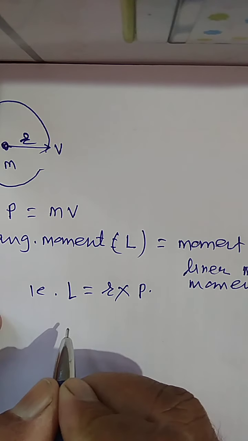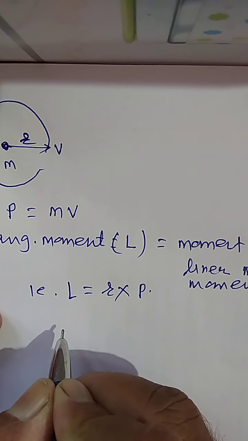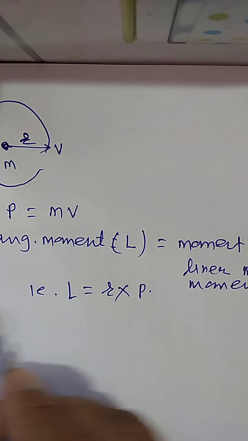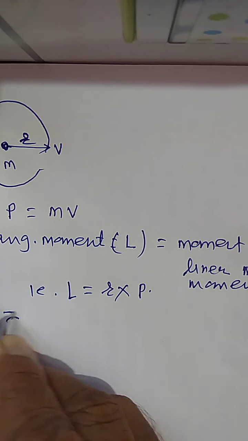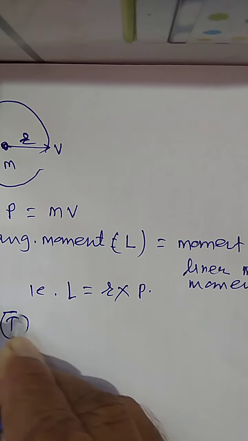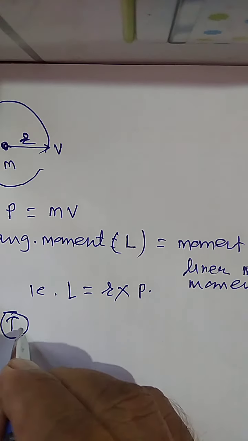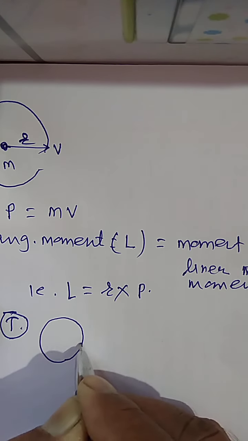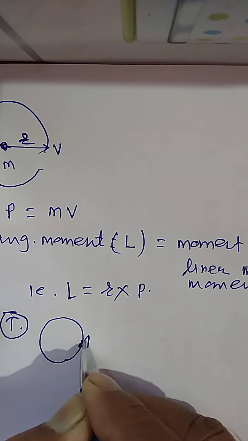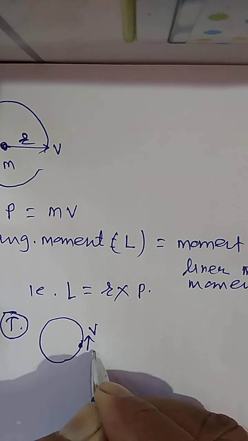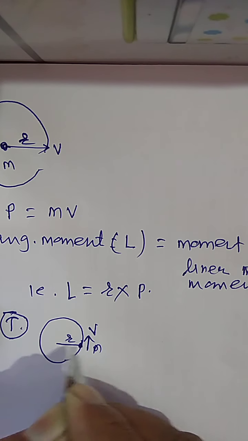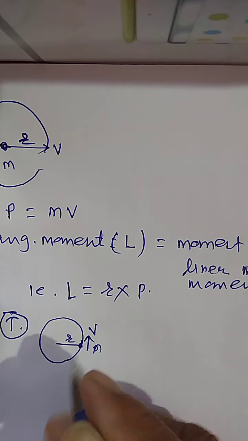For the curved motion of a particle, the torque is responsible. That is, let tau be the torque acting on the particle, and due to this torque the particle moves in a circular path with a velocity v of mass m, and the radius vector of the curved path is small r.